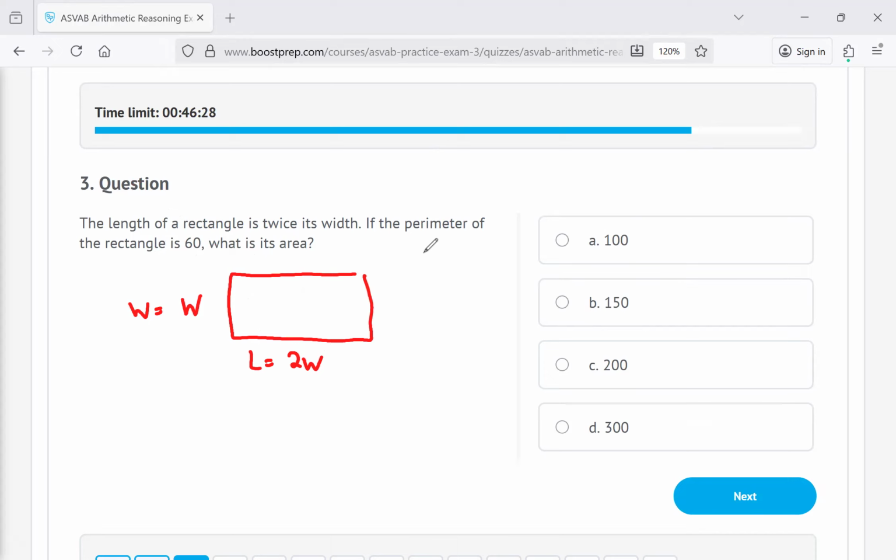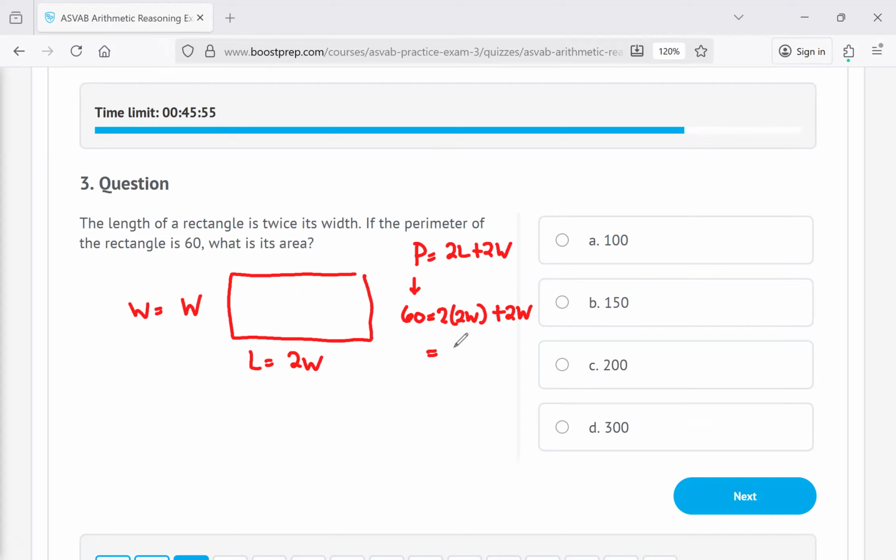So what do we know about perimeters? Perimeter of a rectangle or even a square is 2L plus 2W. They say specifically the perimeter is 60, so you're going to replace this P with 60. To find the actual length, we need to figure out our W. So it's 2 times L, let's replace L with 2W, plus 2W, right?